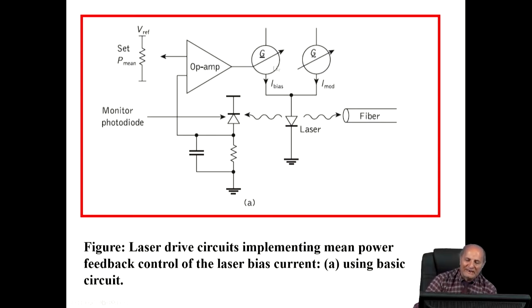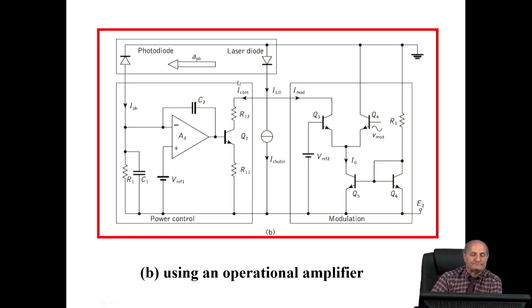In analog modulation, this is small, and the bias is the main part of the drive current. Feedback is used in this case through a photodiode to control the bias current, and this technique keeps the average power emitted from the laser constant.